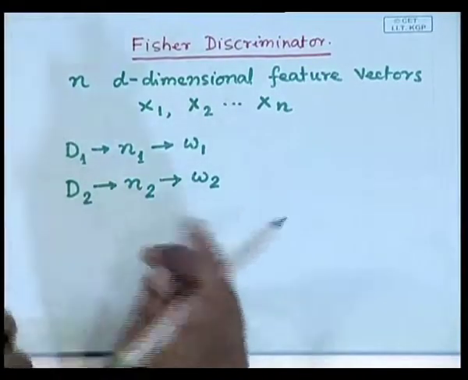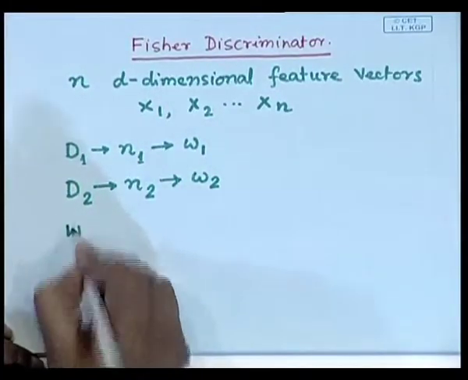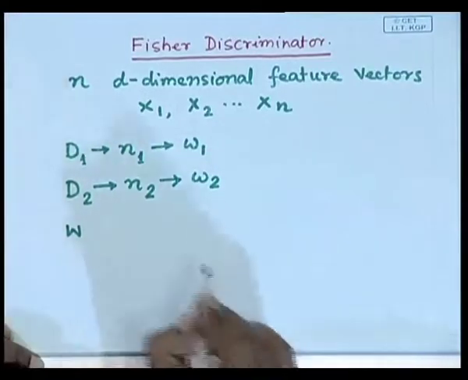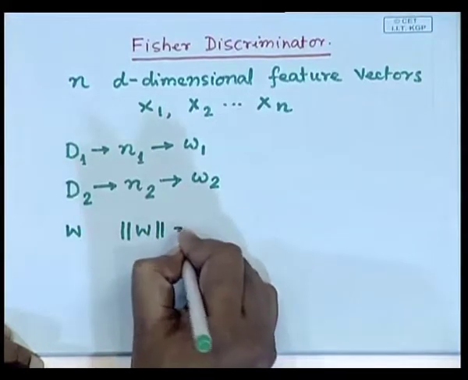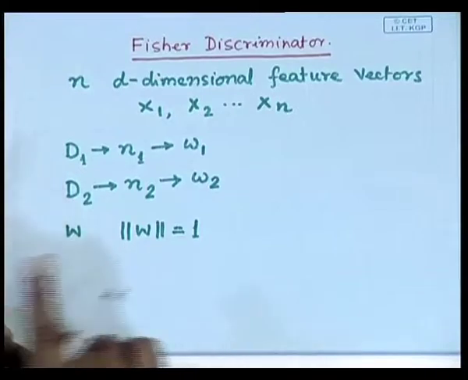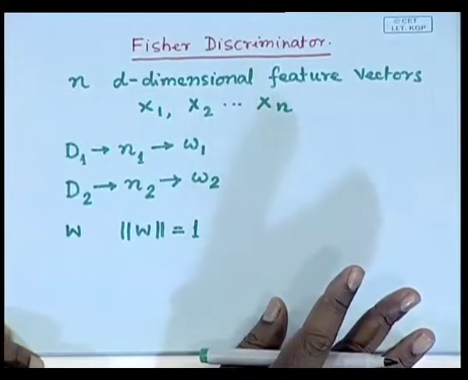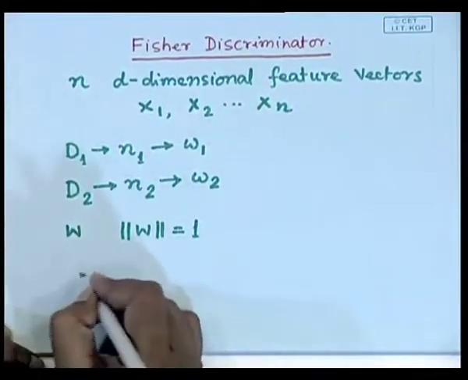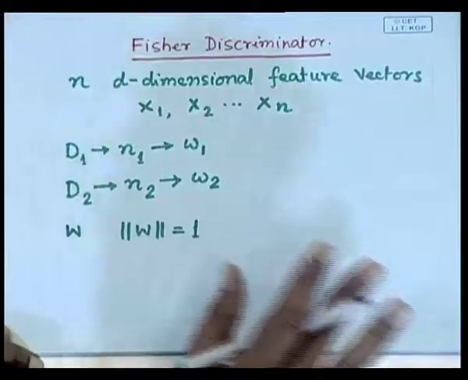Suppose I take a projection direction W, where I assume that modulus of W is equal to 1. That means this is a unit vector in the direction of the projection line. Given this, when I take the orthogonal projection of a feature vector x i, because orthogonal projections are the best projections, whenever we talk about projection, we will talk about orthogonal projection.